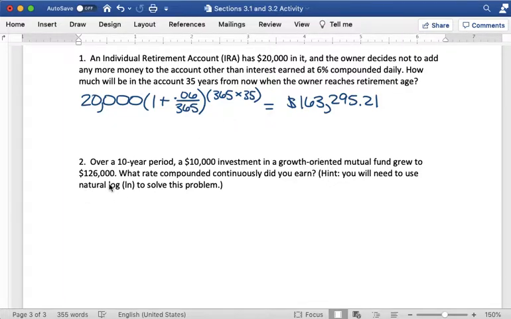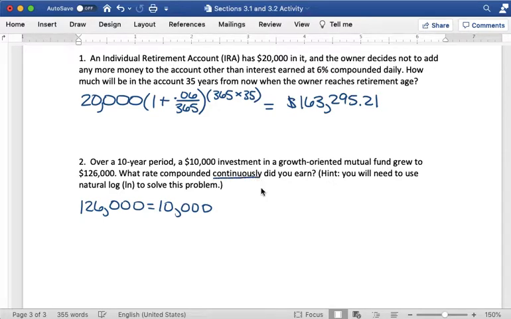Question 2. Over a 10-year period, a $10,000 investment in a growth-oriented mutual fund grew to $126,000. What rate compounded continuously did you earn? You will need to use natural log to solve this problem. So now I have my amount in the account, $126,000. I have $10,000 as my principal, my starting amount, and interest is compounded continuously.